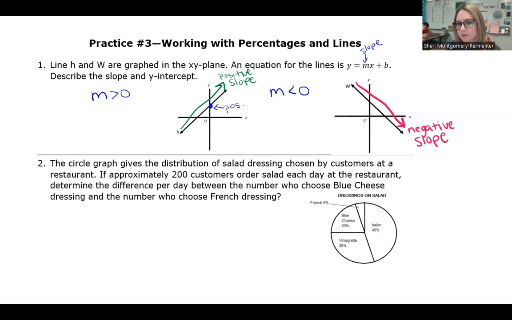The second graph, it's also a positive y-intercept. If it was negative, it would be down here. And we call y-intercept B. So for the first one, B is positive, so it's bigger than 0. And for the second one, B is also bigger than 0.